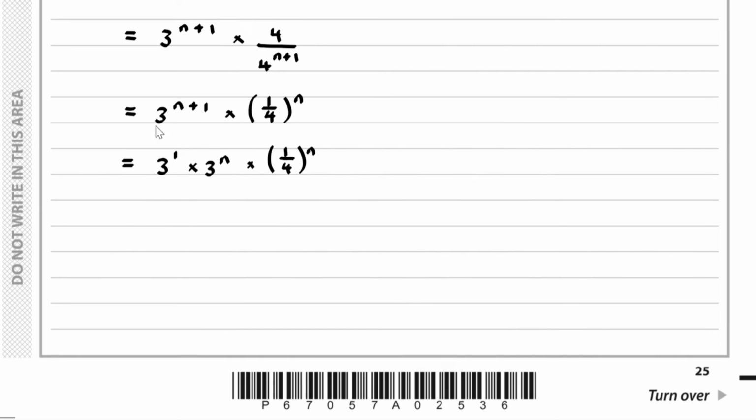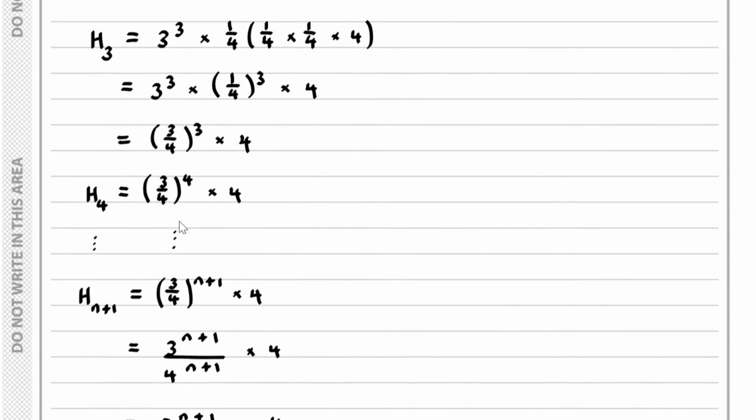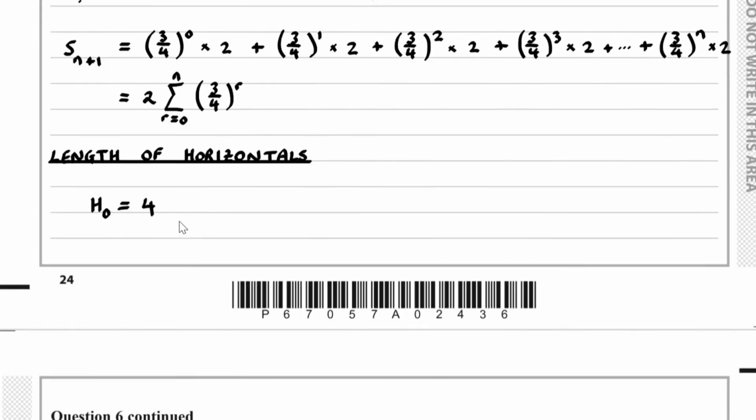So what we end up with altogether is 3 multiplied by 3 quarters to the n. So that's the length of the horizontals.